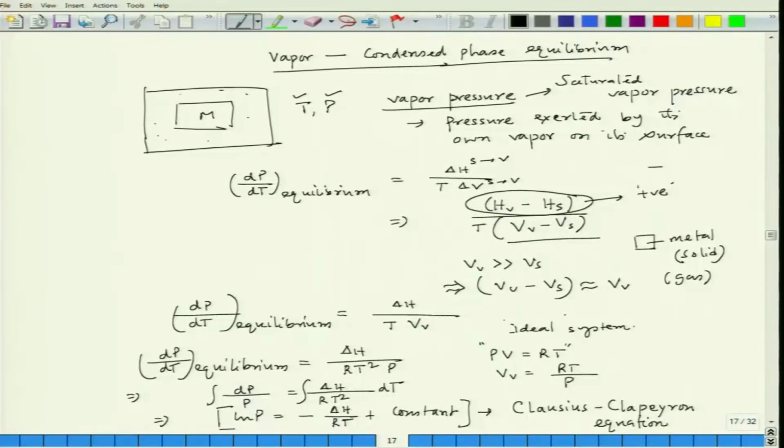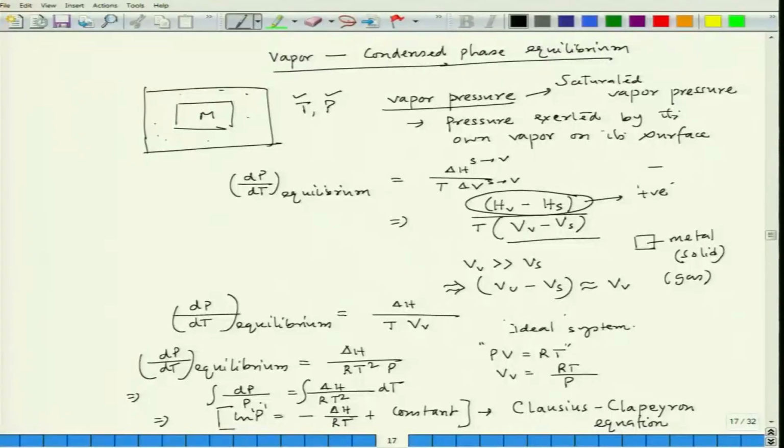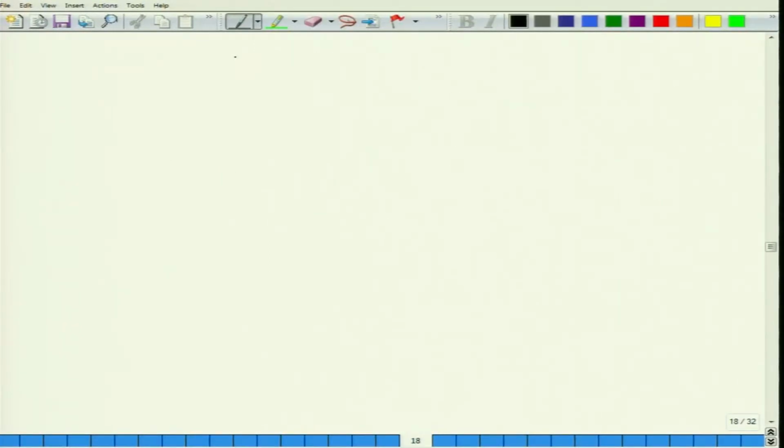This del H is the enthalpy change for the transformation of a solid to vapor, and this pressure is nothing but the saturation vapor pressure. So, now ln P equal to minus del H by RT plus constant.